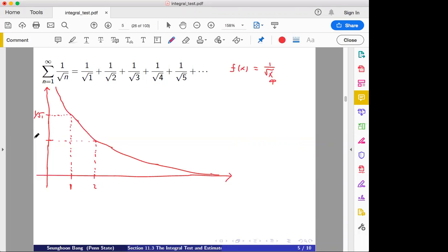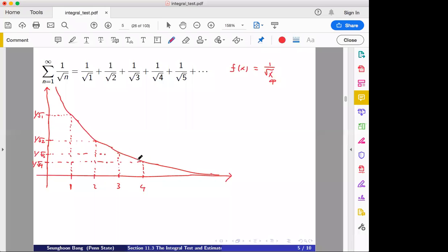You plug into the curve: 1 over the square root of 2. You choose 3, this is 1 over the square root of 3. You choose 4, 1 over the square root of 4. So keep going with this procedure.